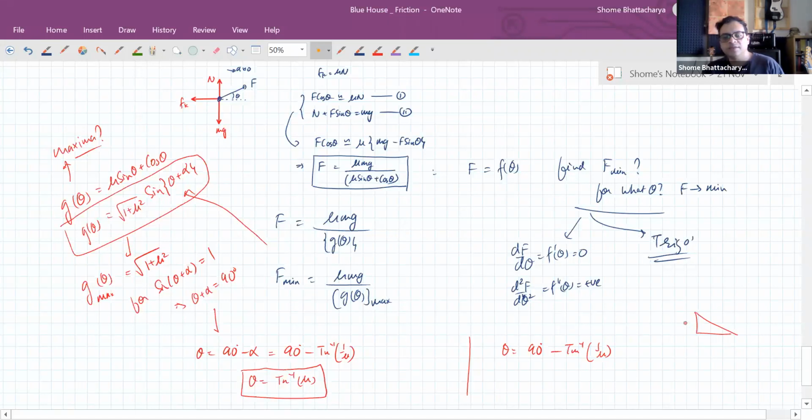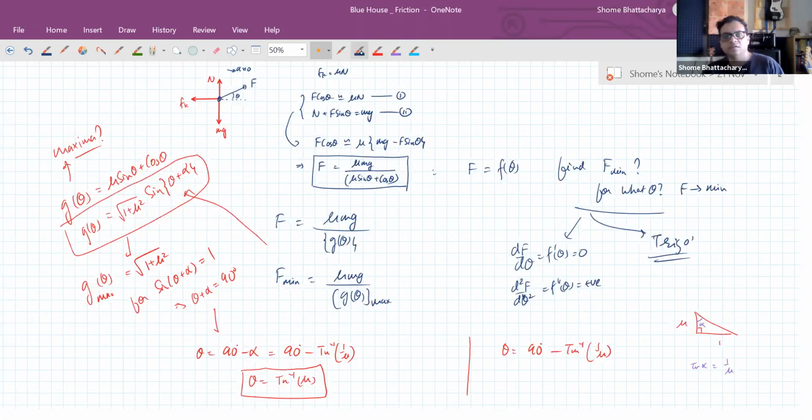That means if we have a triangle where the sides are in the ratio mu is to 1, this angle is alpha because tan alpha is 1 by mu.